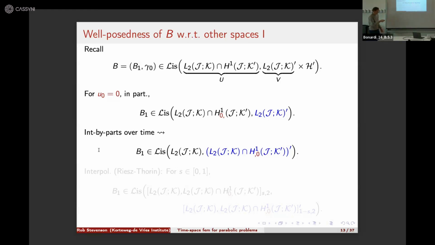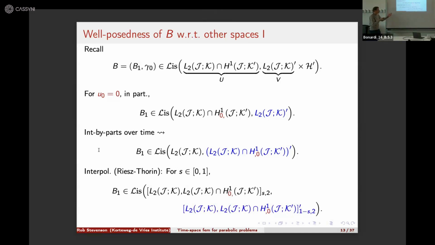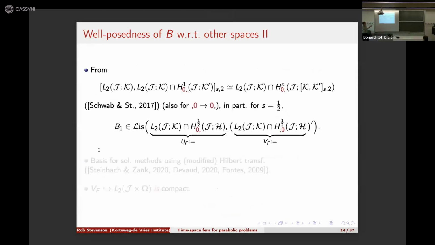And that's here. If you have seen it, recognize it. If you have not seen it, it's a mystery. But here are the intermediate spaces. And you can characterize the intermediate spaces. They are isomorphic to spaces there. Okay, if you now substitute s as a half, then you get the following result.